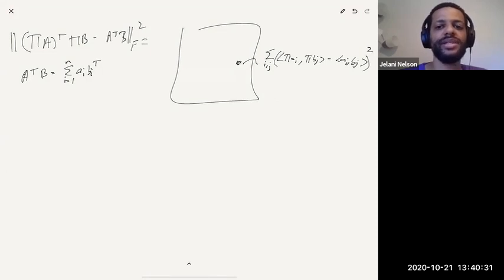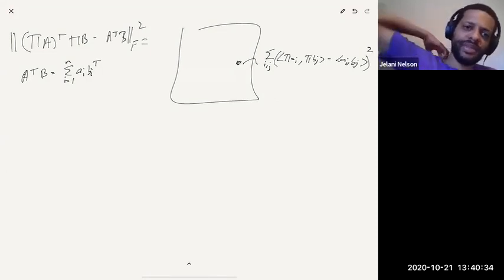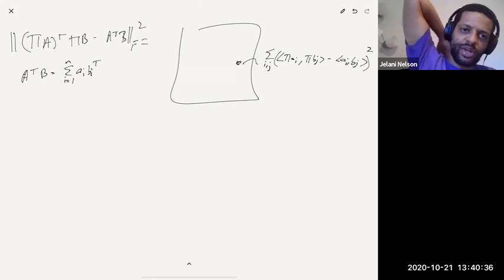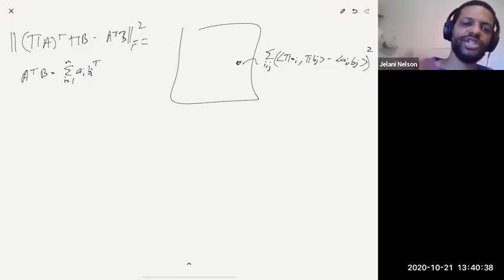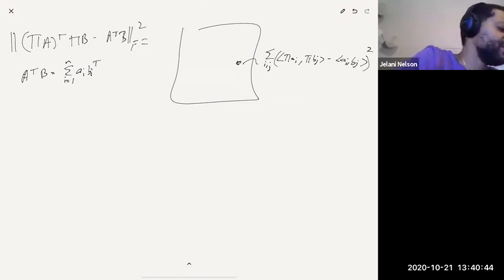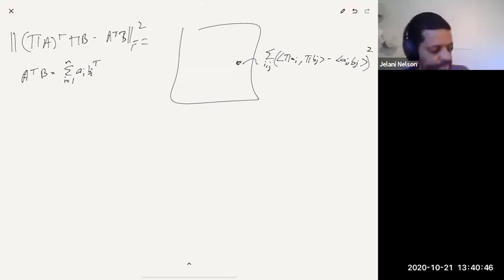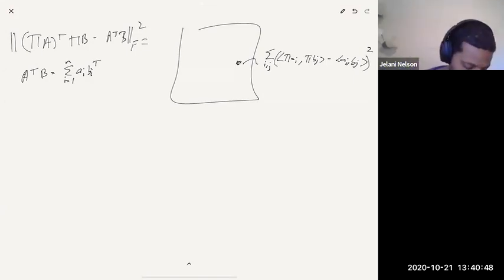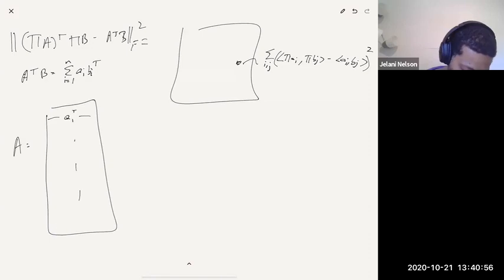Okay, so good. Now let's try to understand, why should the JL kind of approach work for approximate matrix multiplication? And I hinted at it last time. So the point is, what is A? A is this matrix, A_1 transpose all the way down to A_n transpose.